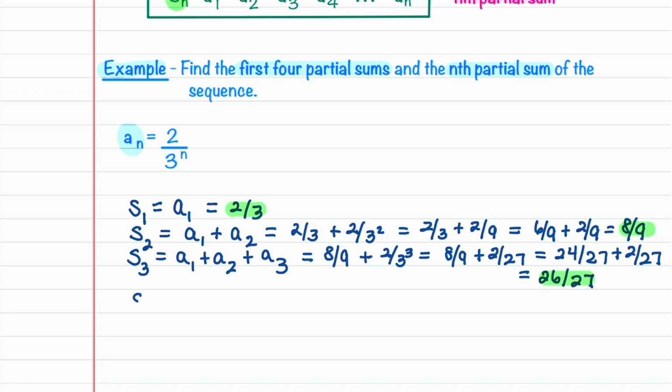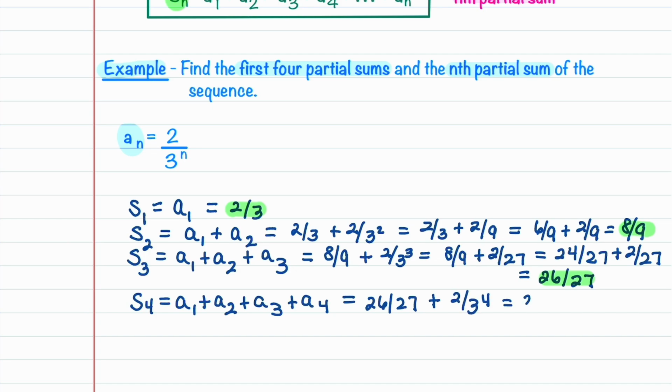Let's now find S sub 4. This is A1 plus A2 plus A3 plus A4. A1 plus A2 plus A3 is S3, and that was 26 over 27. And now we're going to add A4, go back up to the formula, plug in n as 4, and we get 2 over 3 to the 4th. So this is 26 over 27 plus 2 over 3 to the 4th, which is 81. Let's come down here.